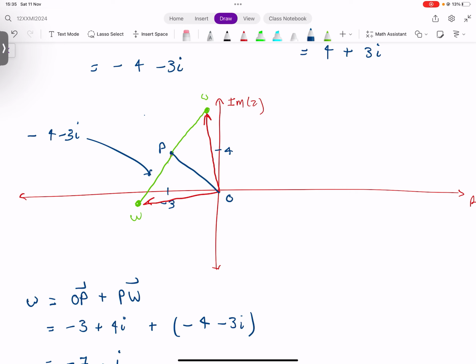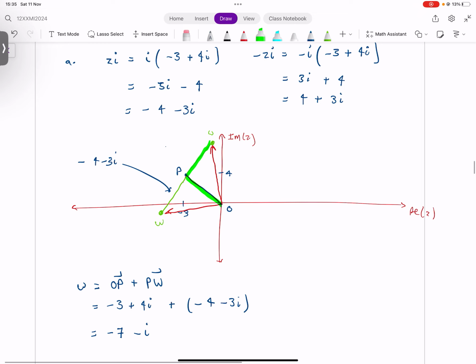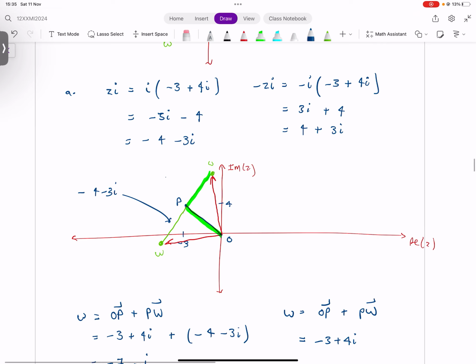Or we could have the vector going along here and then up to there. So it's going to be W is equal to OP plus PW. Now OP is still minus 3 plus 4i, but PW is just our complex number P rotated by minus i or 90 degrees.